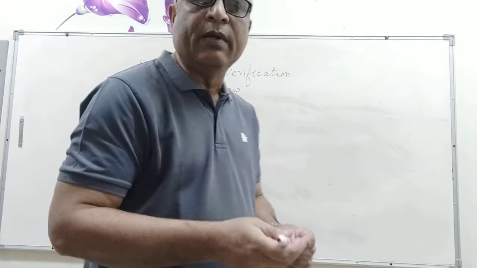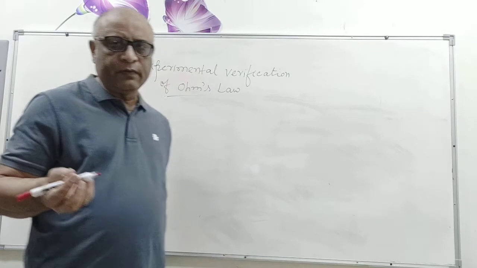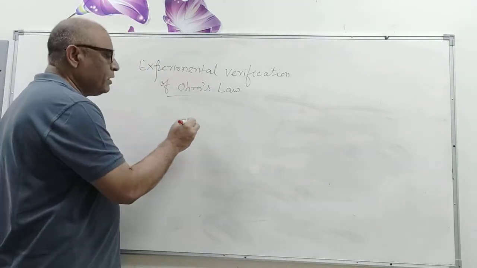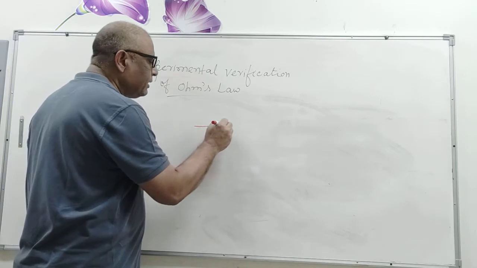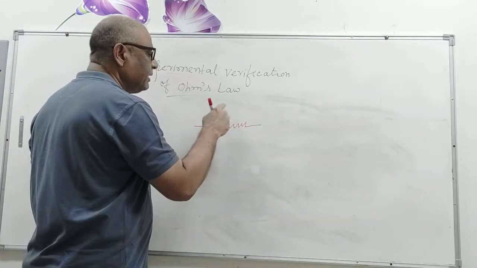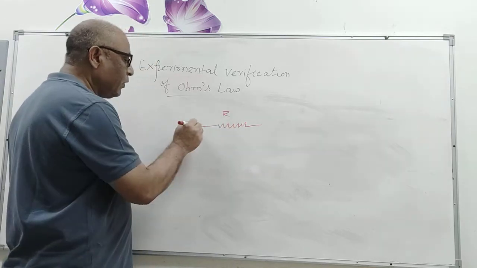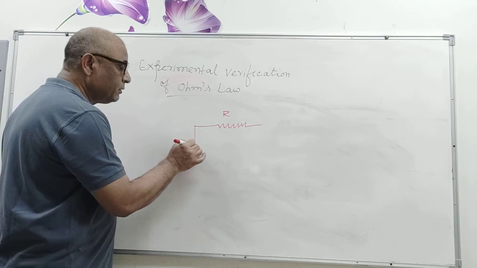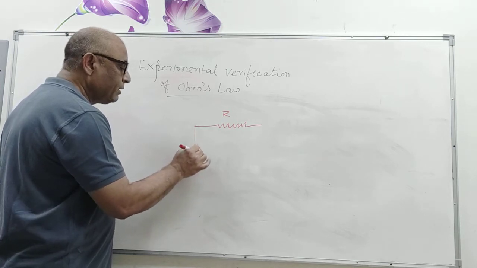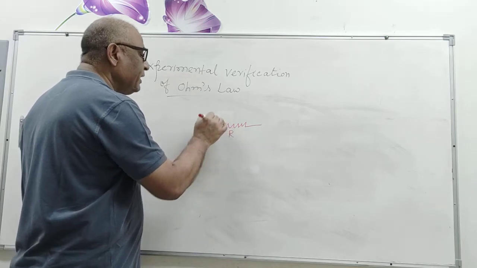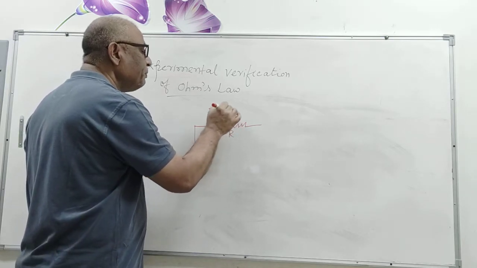I think that you have an idea of a circuit and some electrical components. Suppose this is the symbol of resistance, this is the resistance R. Here is an ammeter, and a voltmeter is connected in parallel.